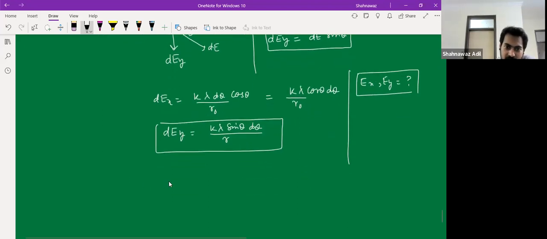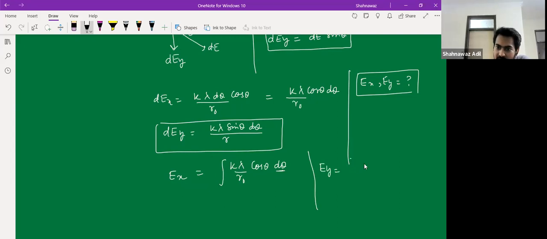Ex would be, I am writing it directly, so I have integrated, the integration of k lambda by r naught cos theta d theta. So we are integrating with respect to theta. And similarly your Ey would be the integral of k lambda by r naught sin theta d theta.